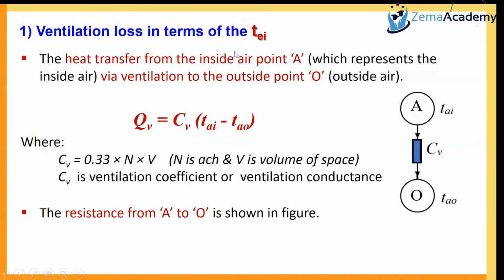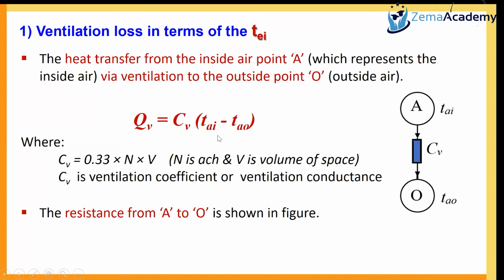From that particular equation and this one, you can see the difference: earlier it was just the inside temperature and outside temperature, but now in the simple model, both are replaced by the inside air temperature and the outside air temperature.